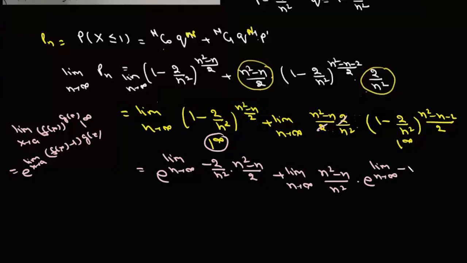Now this is f(x) minus 1, so it will be 2 upon n square, and this is (n square minus n minus 2) upon 2.